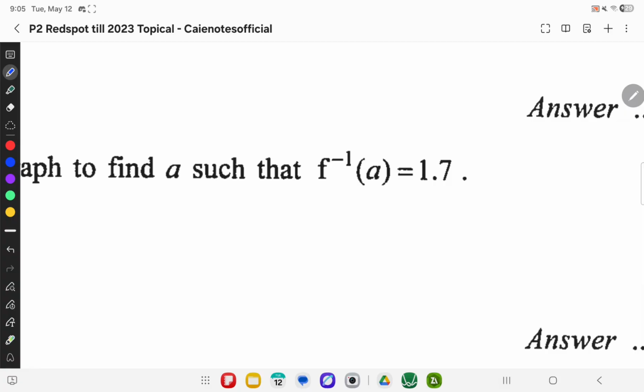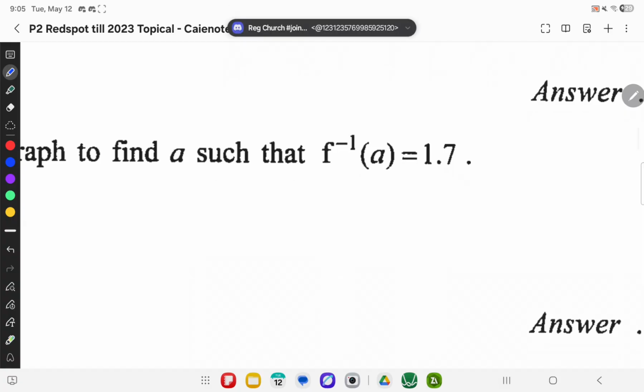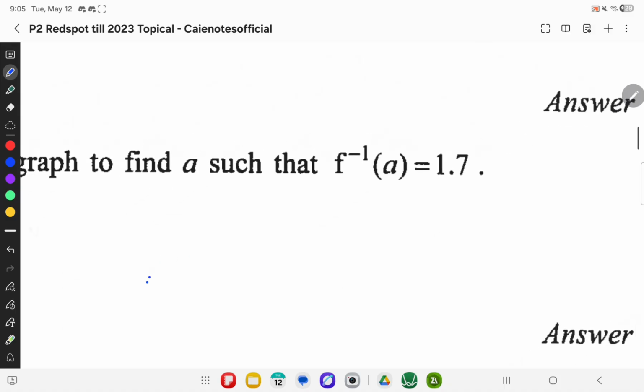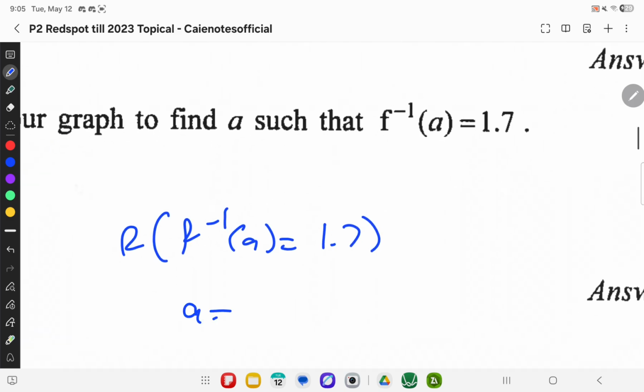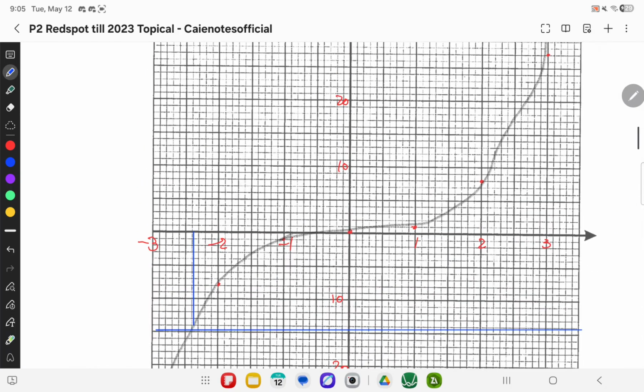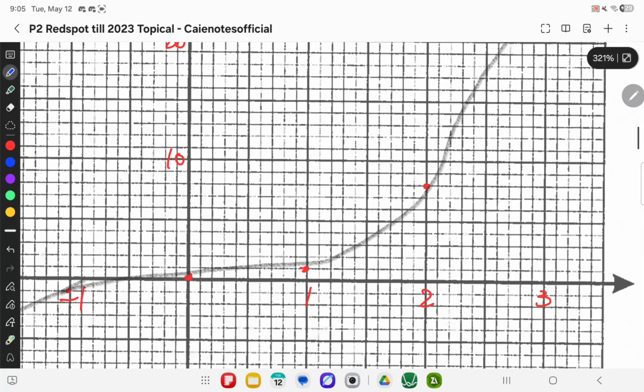We use that to our advantage to not have to find f inverse of 1.7 directly. Well, I will tell you how to do it, but this is an alternative way. You apply f on both sides of this equation, and so a is equal to f of 1.7. If we go to x equal to 1.7 and go up, we will find the value of a.